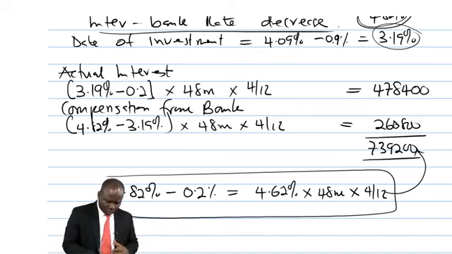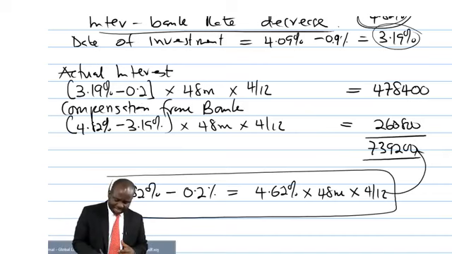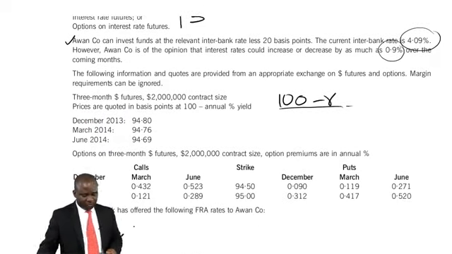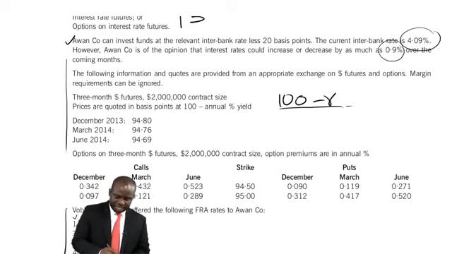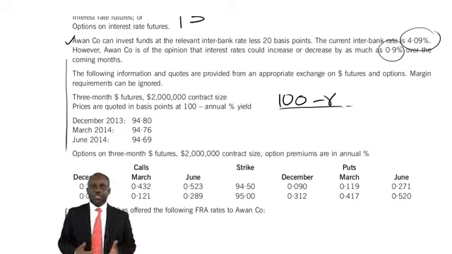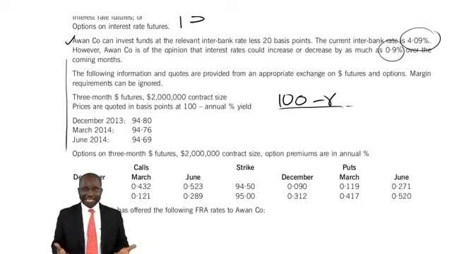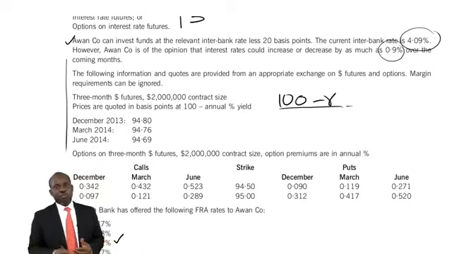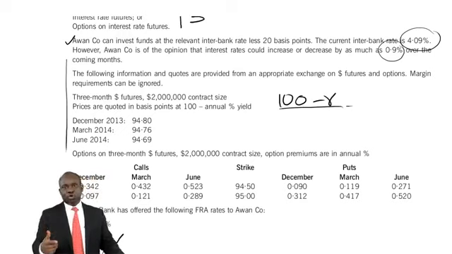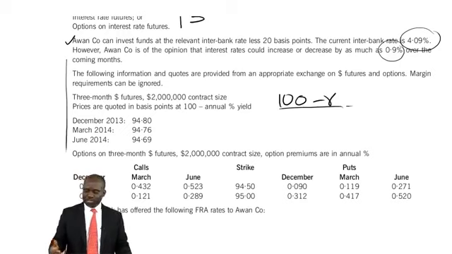Now let's go to the next. The next that we can use is the interest rate futures. This is the information given about the interest rate futures. Your first question is, which contract should we enter into? The contract we have to enter into should be the contract that will mature immediately after your transaction date.